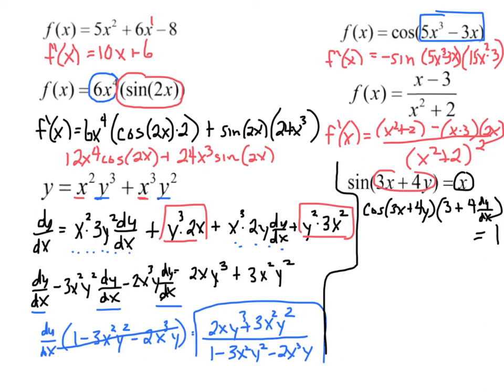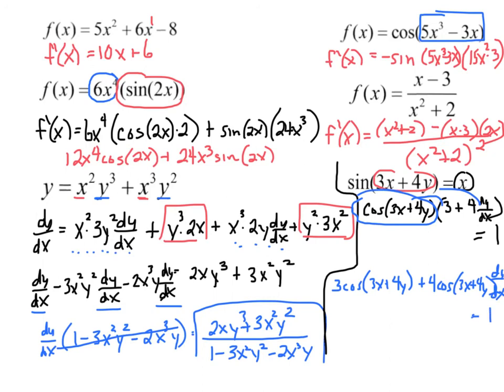Okay, now I want to get dy dx by itself. Now you have a number of options here. I think the way to make it the cleanest is to take this term and multiply it in like that. So you'll have 3 cosine of 3x plus 4y plus 4 cosine of 3x plus 4y dy dx equals 1.